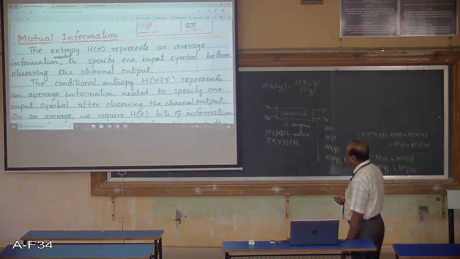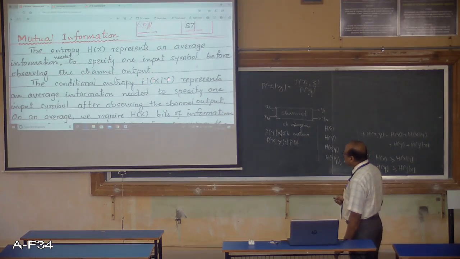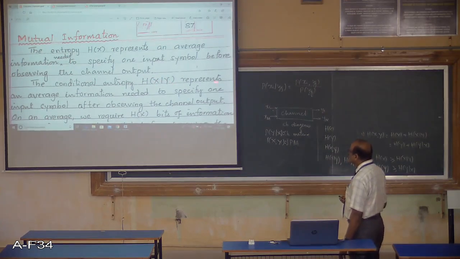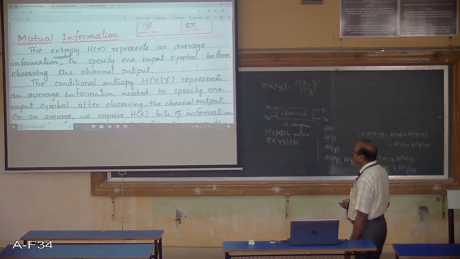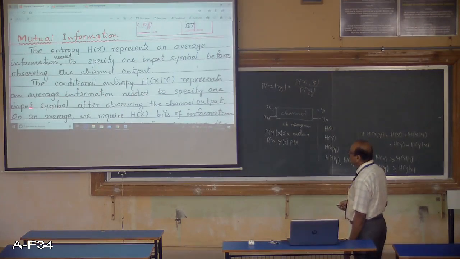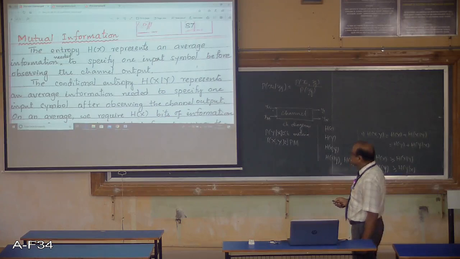H(X|Y) is also related to entropy of the input symbol, but we know the output, we have received the output symbol. The conditional entropy H(X|Y) represents on an average the information needed to specify one input symbol after observing the channel output. Here we don't know anything about the output, there we know the output.